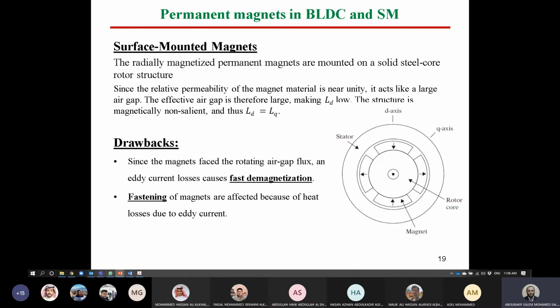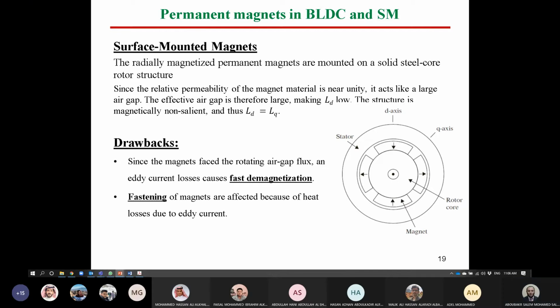But they use it in many steps, not one step, with a huge number of permanent magnets, maybe 60 or more per machine. So it can be used for high power, no problem. And this is now the modern fashion in electrical vehicles. All electrical vehicles now prefer the use of permanent magnet synchronous machines.